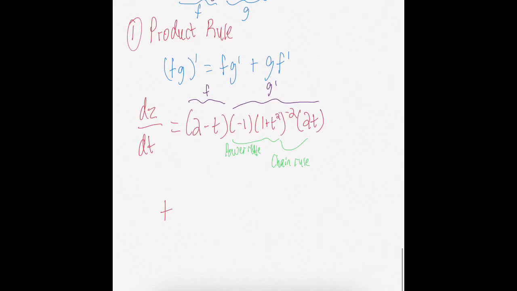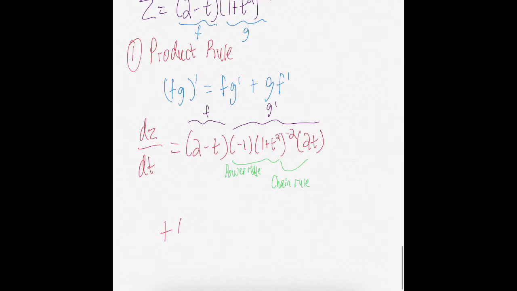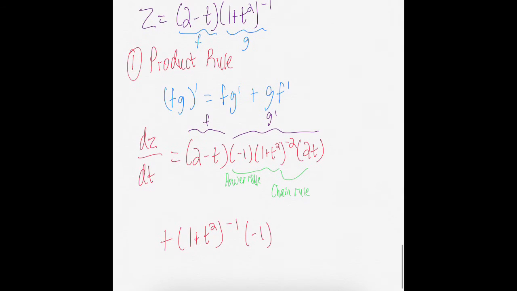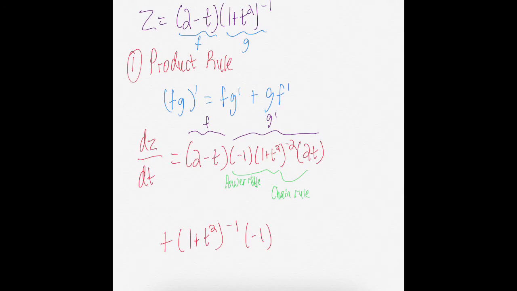Okay, I'm going to go ahead and move to a new line real quick. Plus, now g, okay, so g was 1 plus t squared to the minus 1. And then the derivative of 2 minus t, well, that's just minus 1. Okay, minus 1, because the derivative of 2 minus t, well, the derivative of 2 is 0.